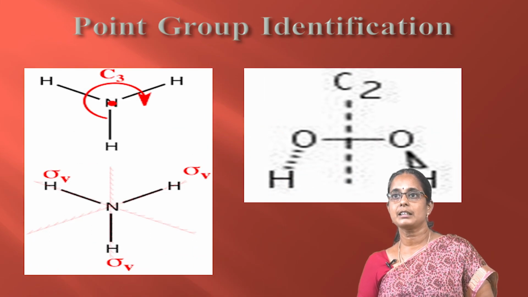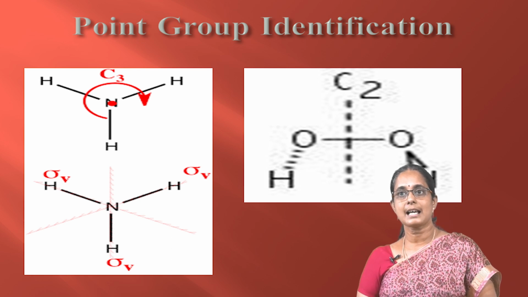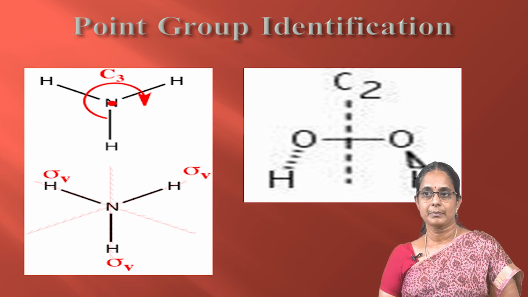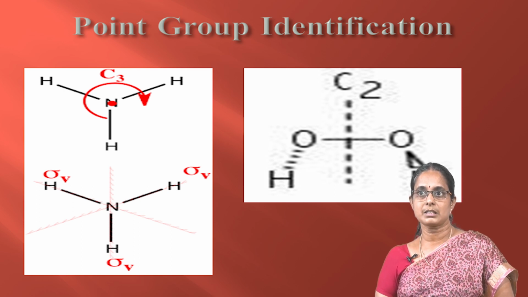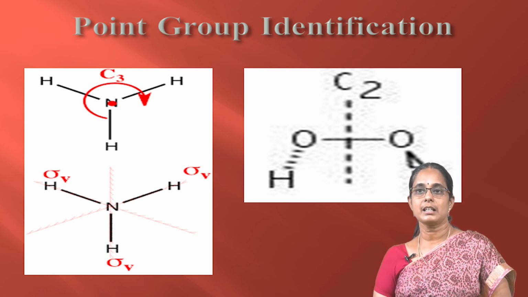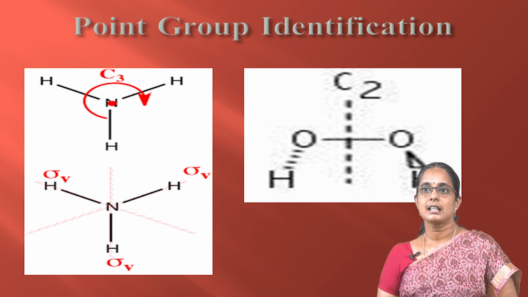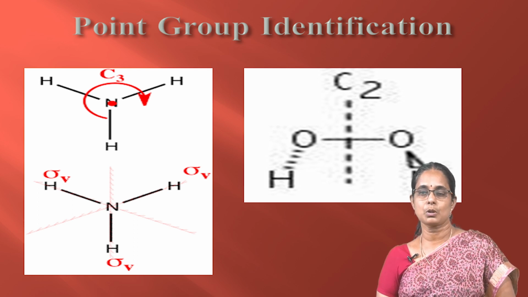In identifying the point groups, the ammonia molecule has C3v symmetry. In the C3v symmetry, the molecule has the symmetry of the Cn axis and sigma v planes, so the ammonia molecule has the C3v point group.